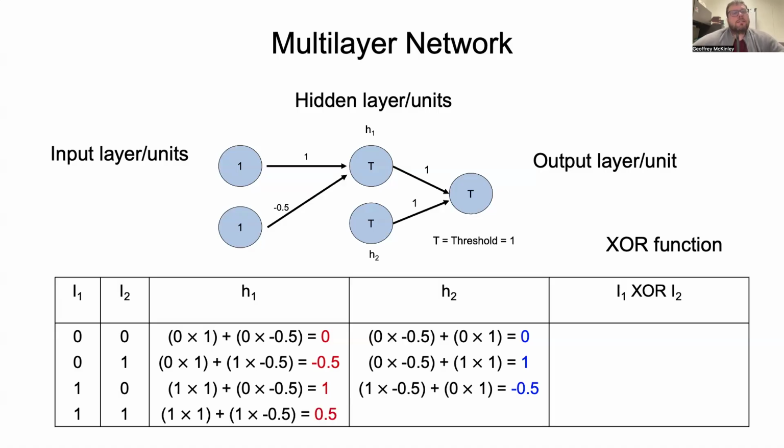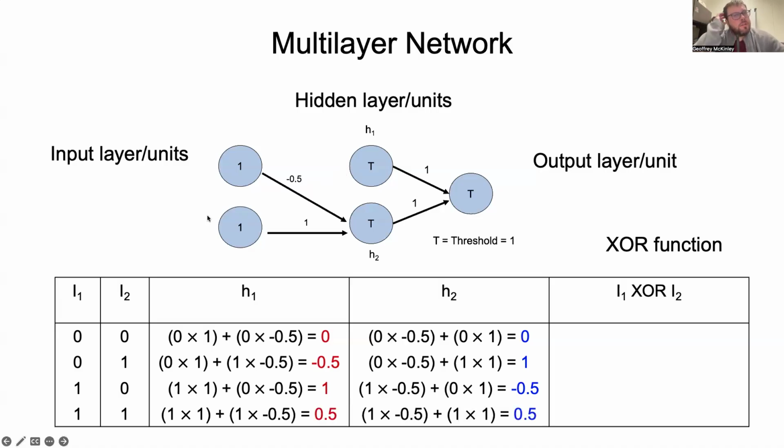And then let's do hidden unit 2. One multiplied by this weight of negative 0.5 plus this input of one multiplied by this weight gives you negative 0.5 plus one, which is 0.5. Okay, so these are the inputs.